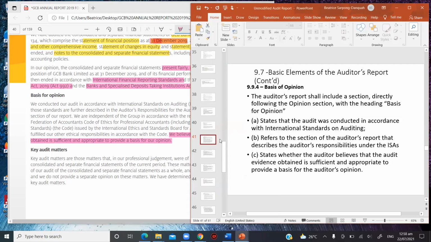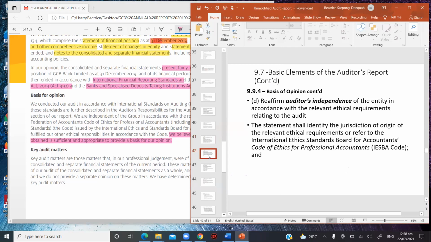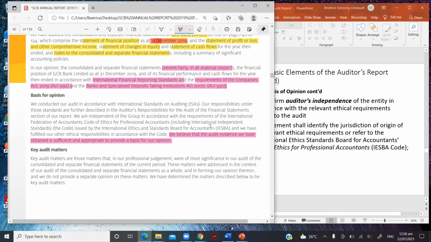So that statement is crucial. It has to be stated by the auditor. In this paragraph, the auditor also reaffirms their independence of the entity in accordance with the relevant ethical requirements. So let's look for that statement here.